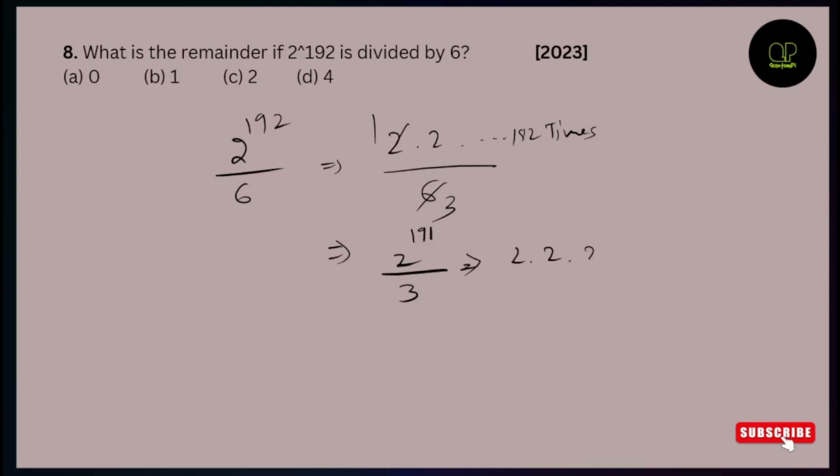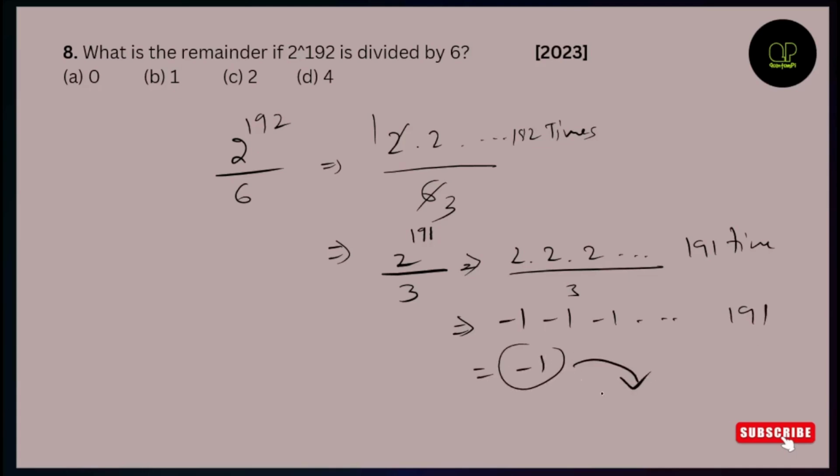So this is 2 into 2 power 191 divided by 3. If you multiply, it's a very big number. Negative remainders will be minus 1, minus 1, minus 1, 191 times, which will be minus 1. So you have to convert into a positive remainder, plus 3. So your remainder would be 2.